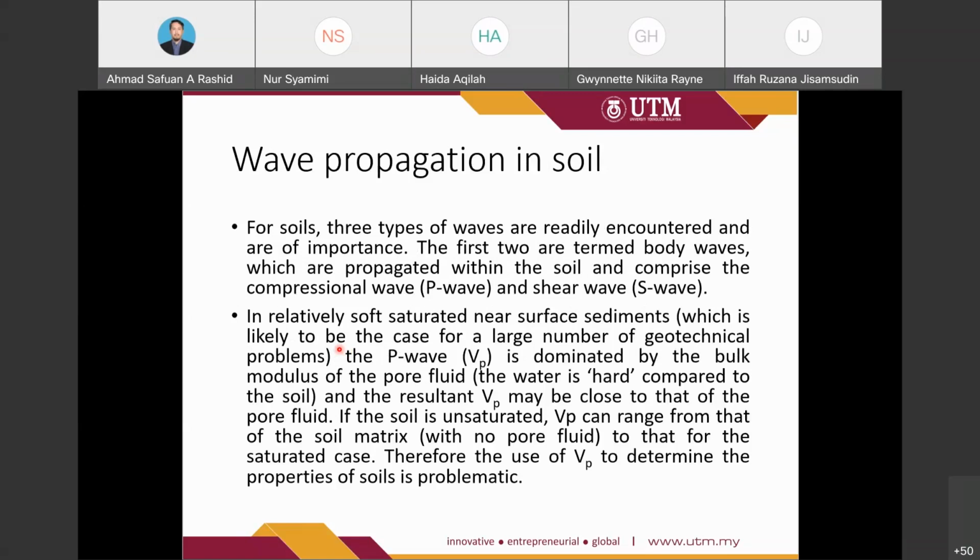To determine the type of wave, there are three types which are very important: we have the P wave, which we call a compressional wave, we have the shear wave, and another one we call the Rayleigh wave. The values that we can get from the soil can be used to determine, for example, the value of the shear modulus.